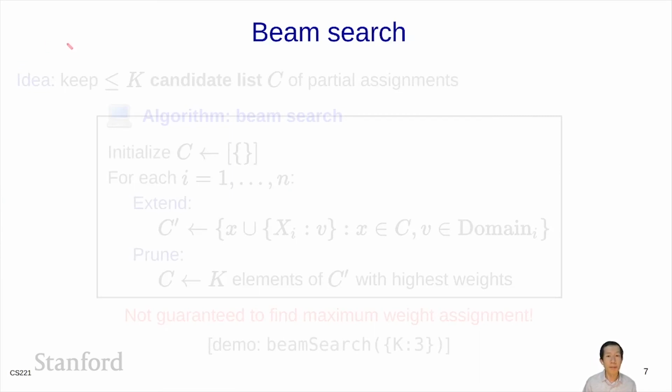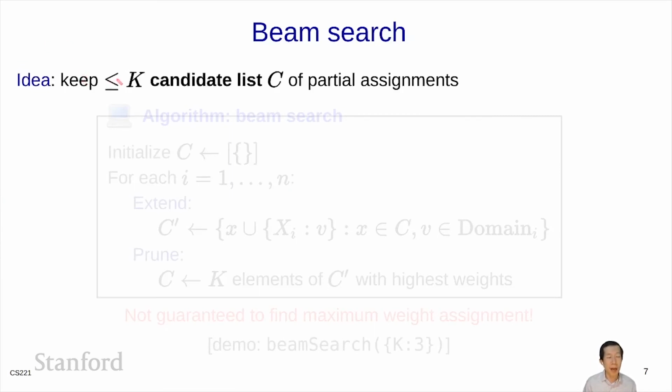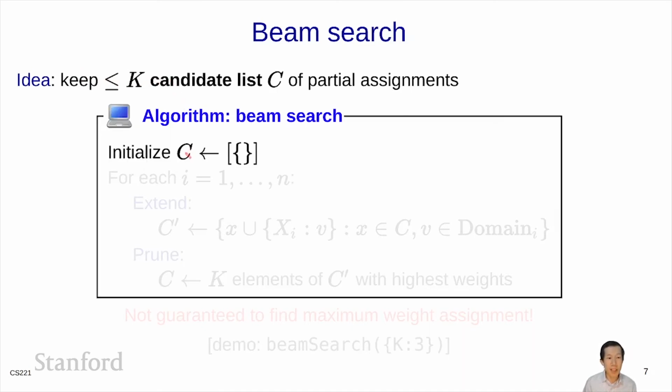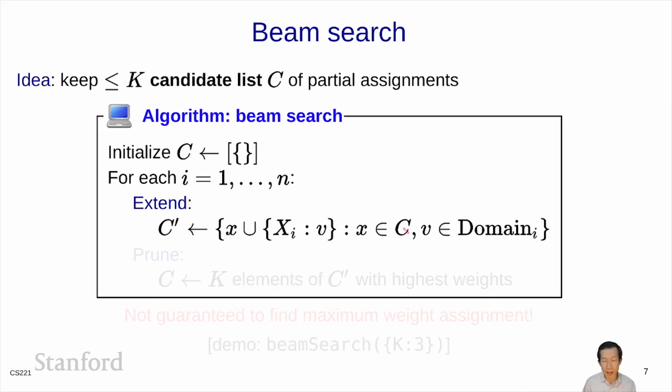So formally, beam search keeps at most k candidates of partial assignments. I'm going to initialize the candidate set C to be just the single partial assignment, which is empty. Now again, like greedy search, I'm going to go through the variables one at a time. I'm going to extend: I'm going to consider each partial assignment in C and each possible value that I can assign x_i, and then extend the assignment.